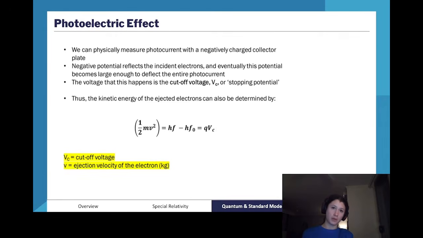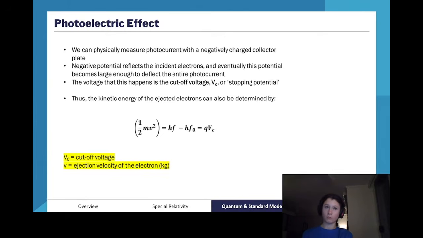This gives us the maximum kinetic energy of the electron. The other thing that you need to be able to understand about the photoelectric effect is the cutoff voltage, or the stopping potential. So, what we can do is measure the photocurrent with a negatively charged collector plate.